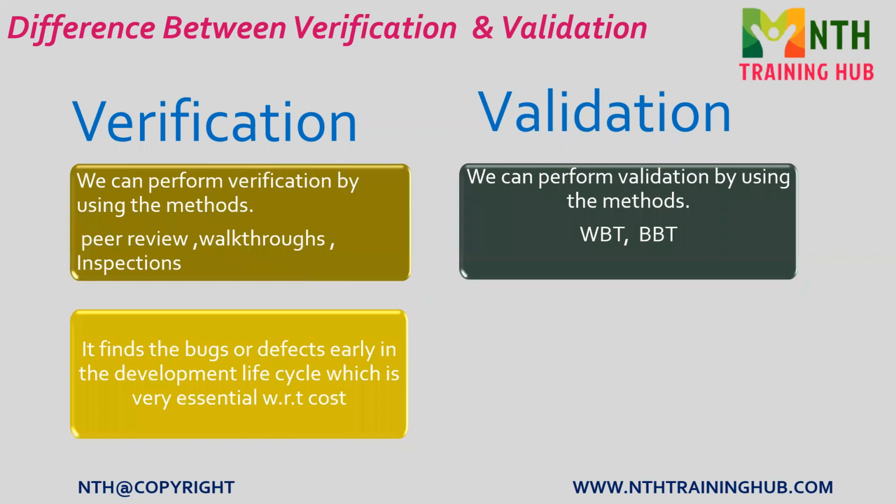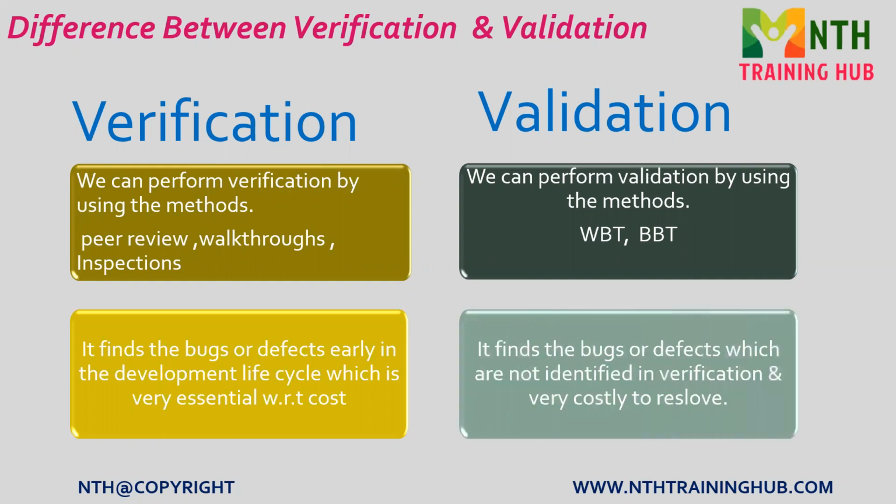Before developing an application, it can also be tested whether bugs are likely to be possible in the application or not. But validation finds the bugs and defects which were not identified in verification, which is very costly. Because after building the application, we check whether bugs or defects exist in the application or not, which is not possible before the application is built, because it is an executable part.